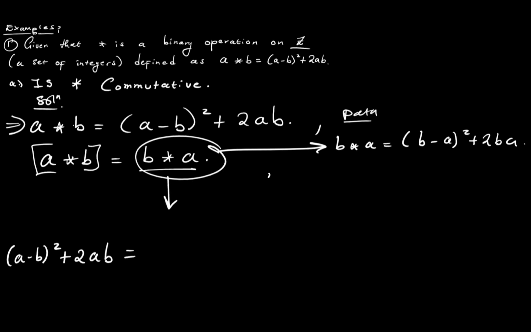Now, we can start simplifying this. So, B star A is equal to (B minus A) squared, then plus 2BA. BA is the same as AB to start with, isn't it? So, once we know that, we can also conclude that B star A can be written in one form. Now, when it comes to multiplication, there are basic orders we need to remember.